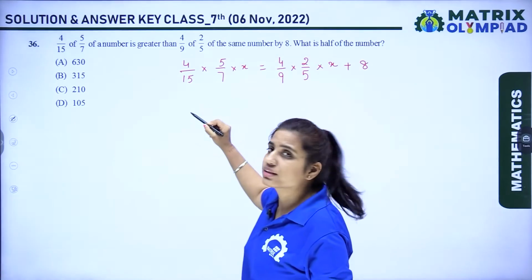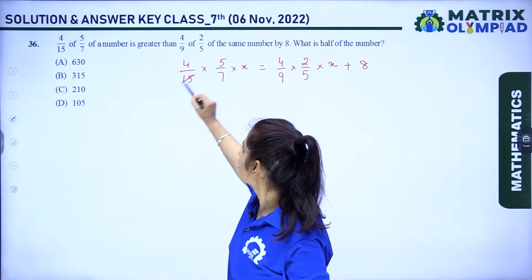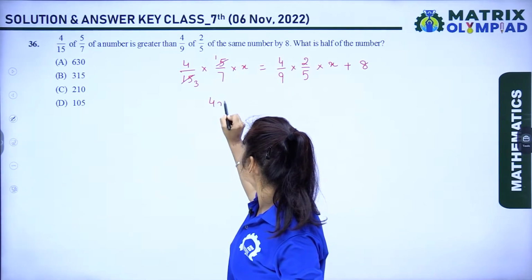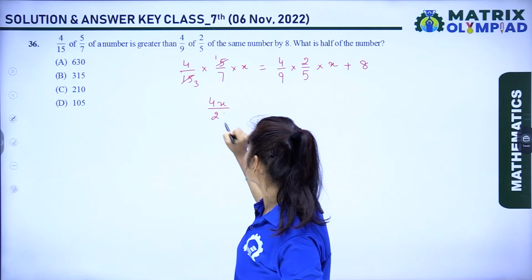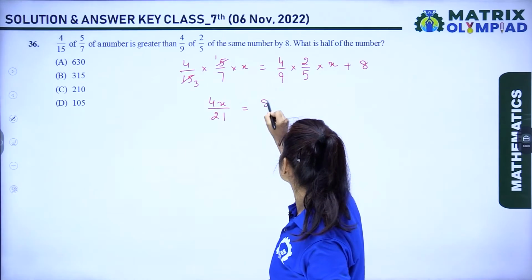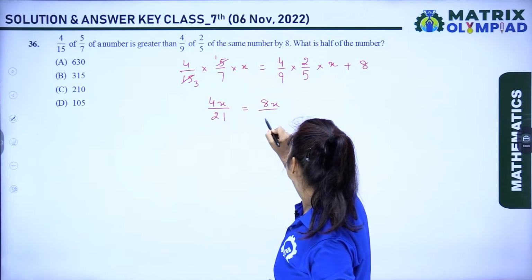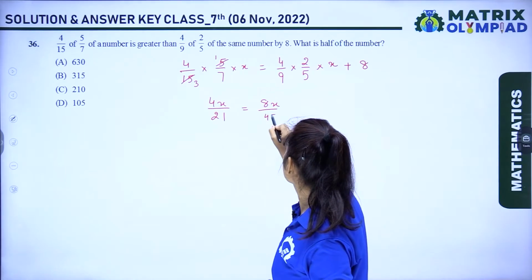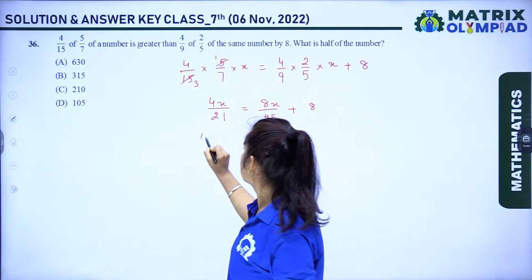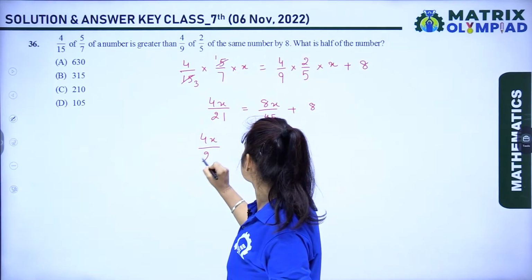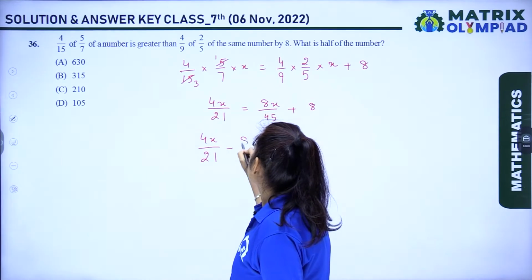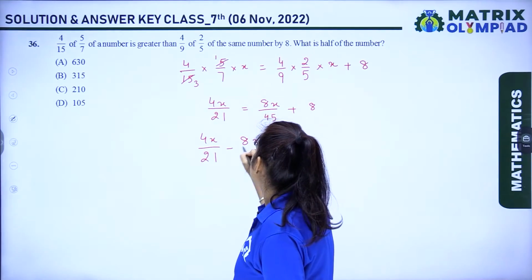Now let's calculate it. It's 4x upon 21. Here we have 8x upon 45 plus 8. 4x upon 21, after transposition, positive will become negative.